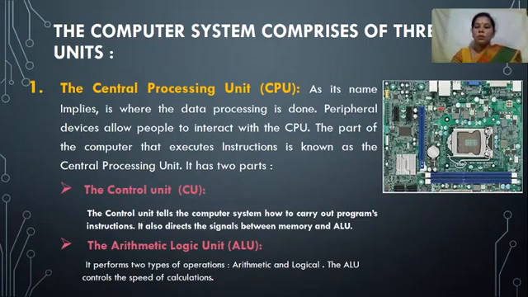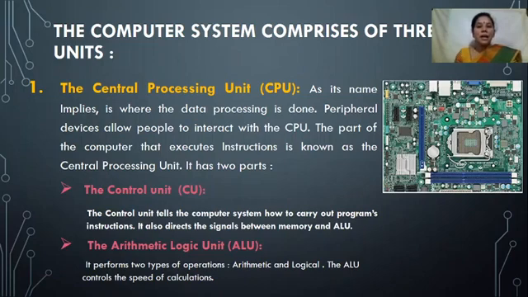The control unit tells the computer system how to carry out program instructions and it also directs the signals from memory to the ALU. The arithmetic logic unit performs the arithmetic and logical operations. The arithmetic operations are addition, subtraction, multiplication and division. These are the operations done in your ALU.